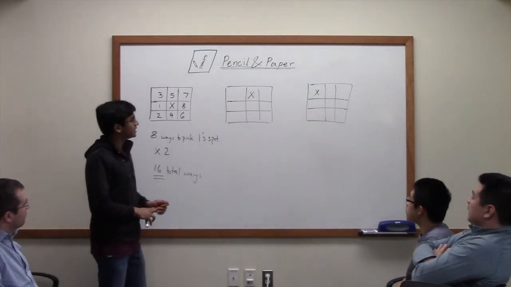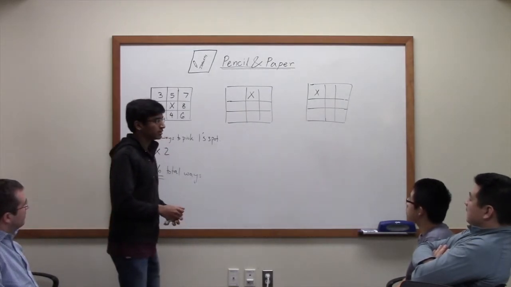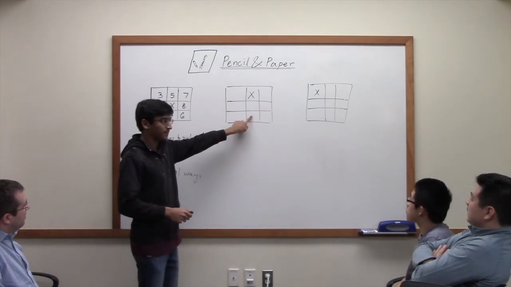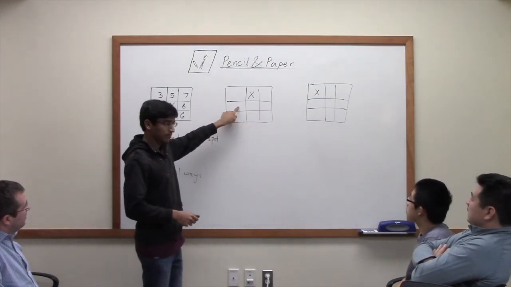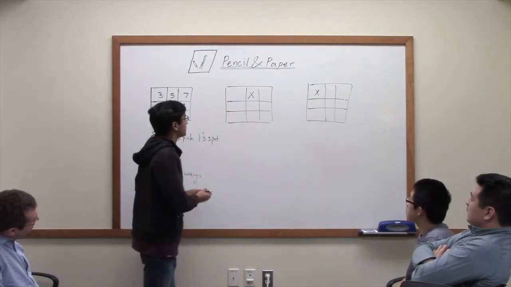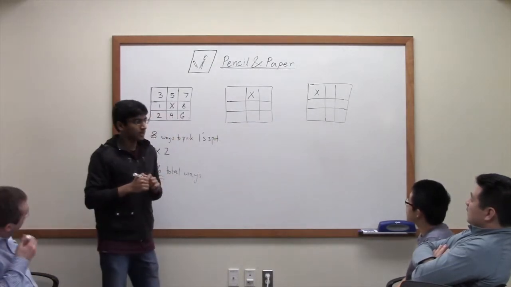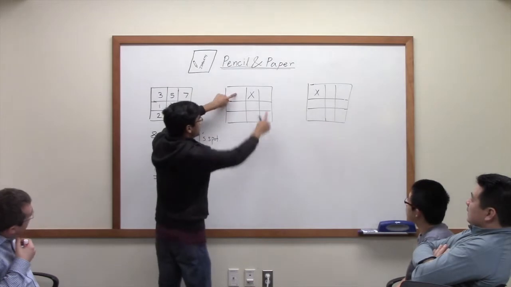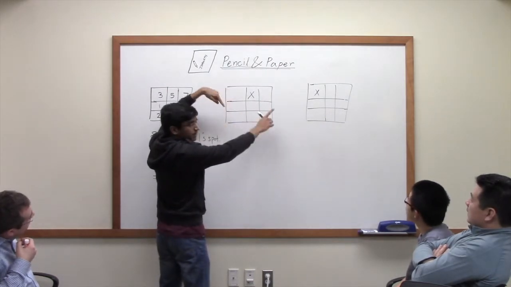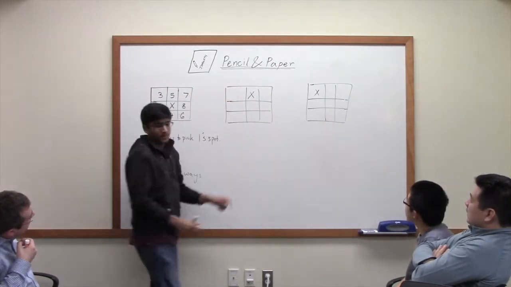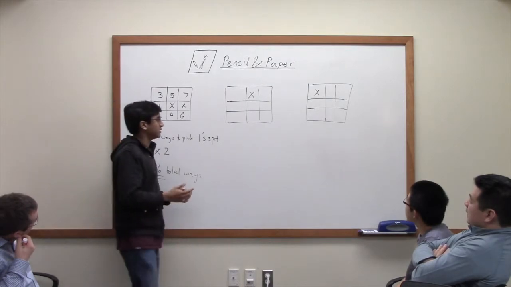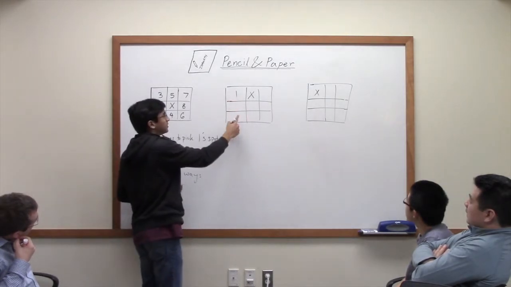So 1 can definitely not go in the center, and it cannot go over here, or here either. These 4 spots are the only places where 1 can go. These 2 are symmetric, we can just flip, and these 2 are also symmetric. So we only need to look at 2 particular cases: if 1 is here and if 1 is here.